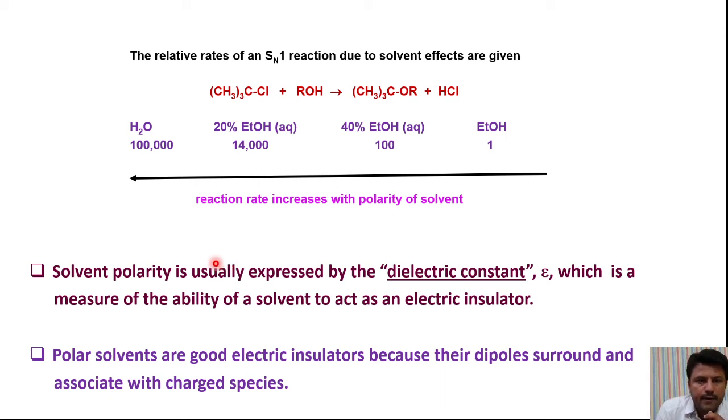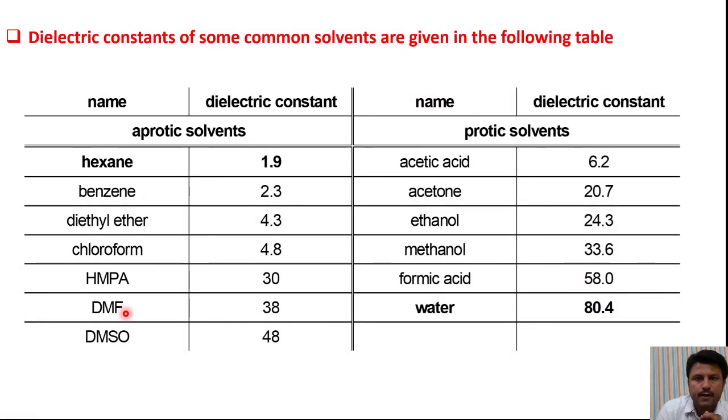Solvent polarity is usually expressed by the dielectric constant, which is a measure of the ability of a solvent to act as an electric insulator. Here you can find this table. Water has a higher dielectric constant, so in the presence of water the SN1 reaction will readily occur.